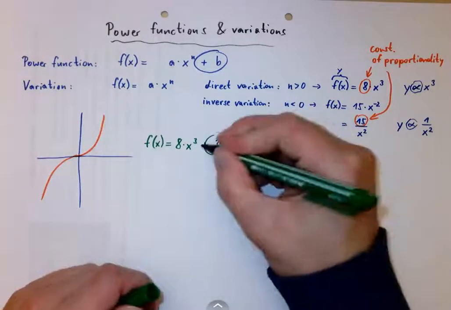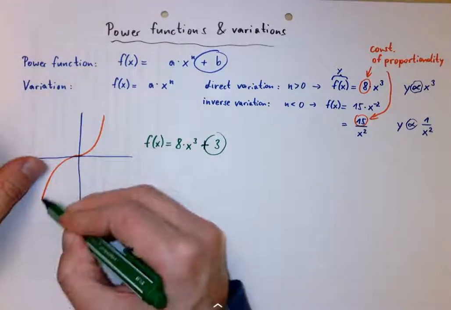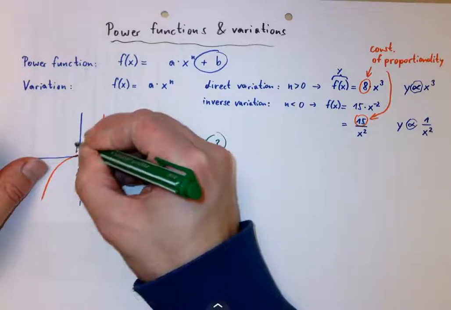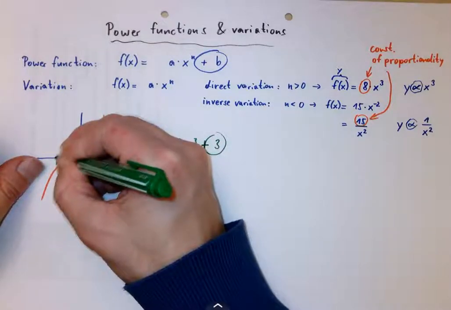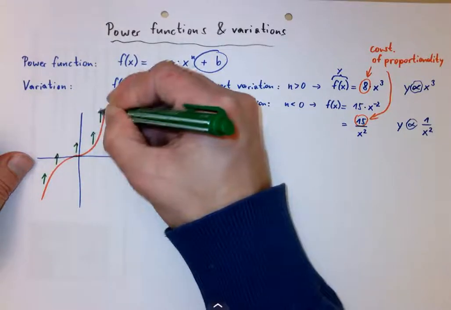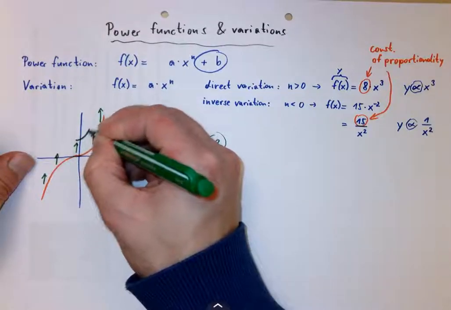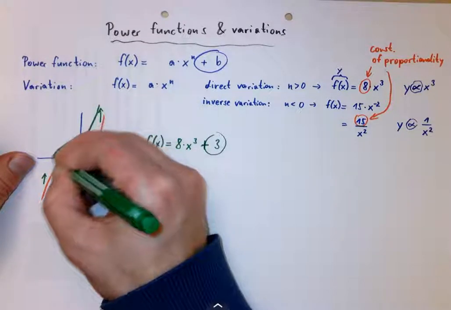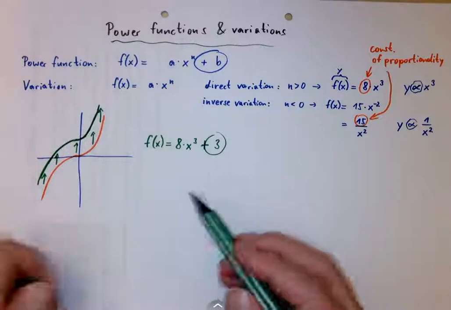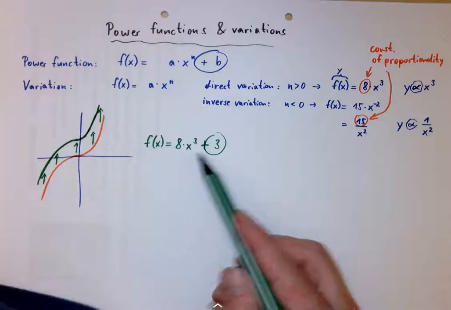Then this plus 3 would mean that we shift the whole function graph by 3 units upwards. If you take every point on the function graph and lift it upwards by 3 units, you would end up with something like this. This would be the new function graph of the power function 8 times x cubed plus 3.